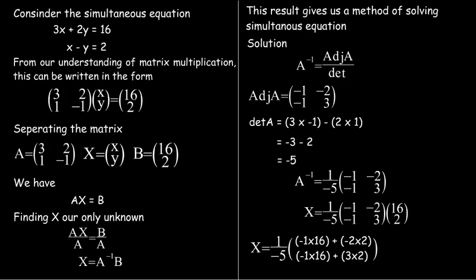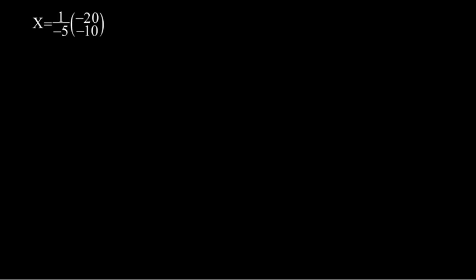Simplifying the brackets, X will be equal to 1 divided by -5 times matrix [-20 -10], and multiplying the matrix by 1 divided by -5, X will be equal to [4 2]. Recall that X is equal to the matrix [x y], so therefore x will be equal to 4 and y will be equal to 2. This is the way in which we solve simultaneous equations using matrices.